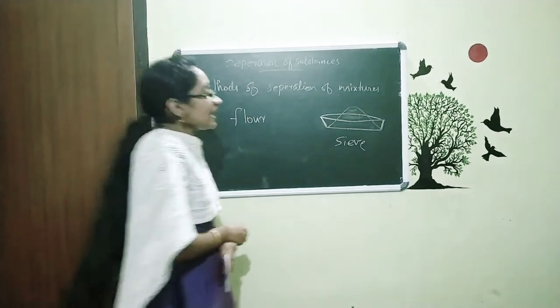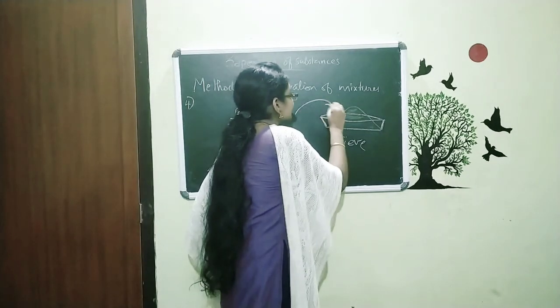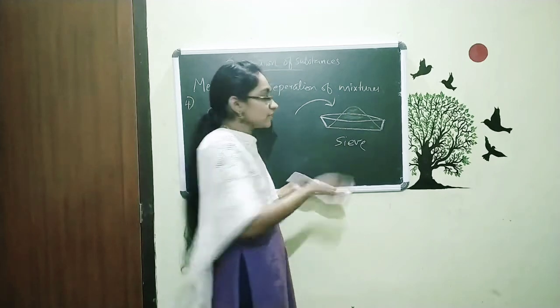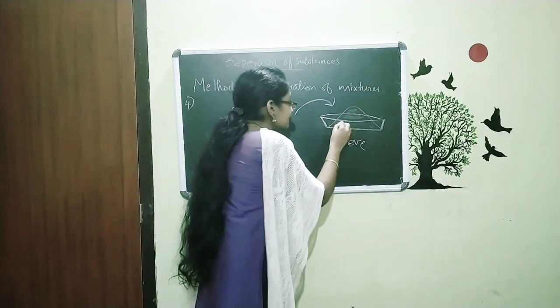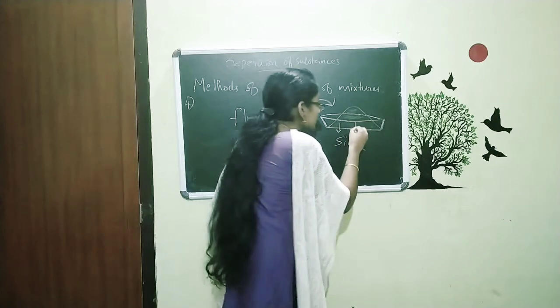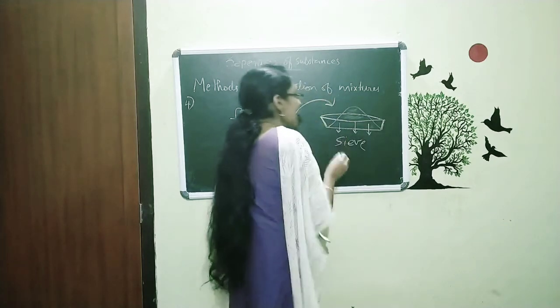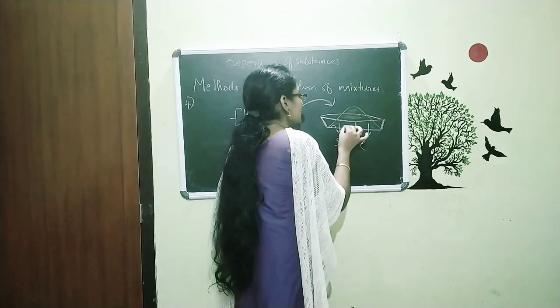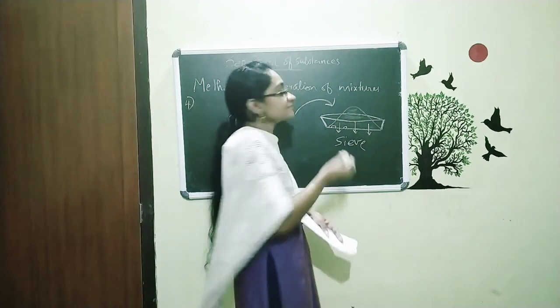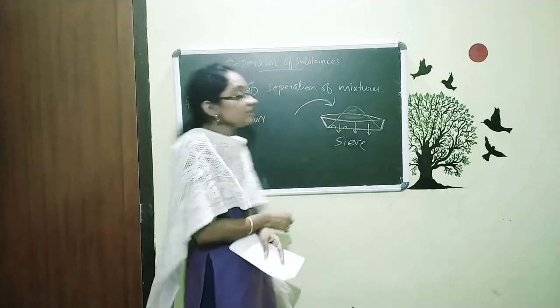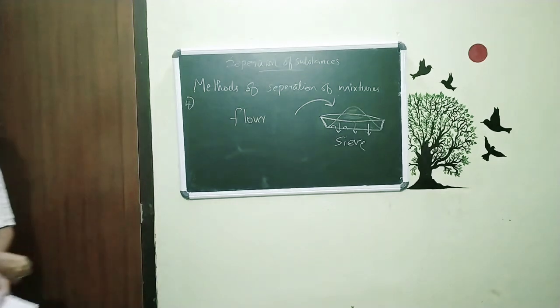That means I am just putting the flour in this and sieving. The flour will come out through the holes, and the stones or the impurities or the particles will be left in this sieve. That is the thing we are doing.